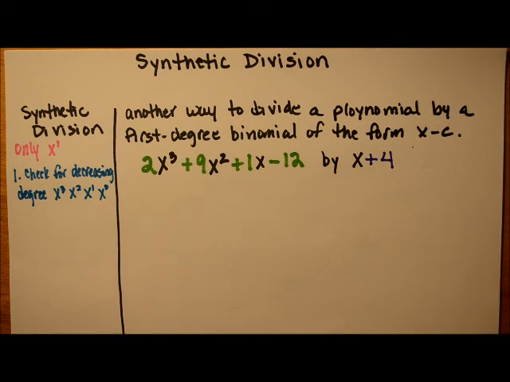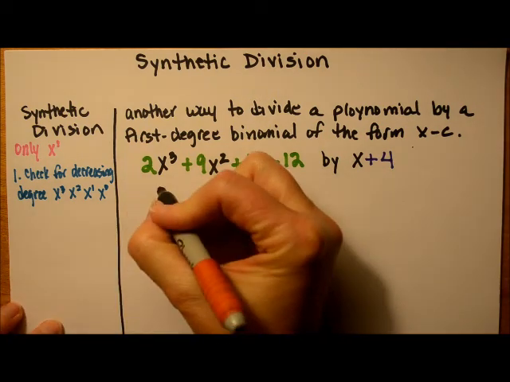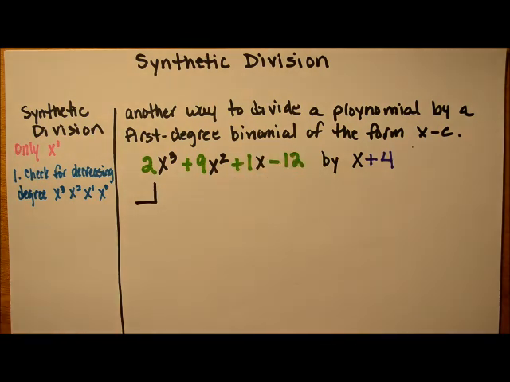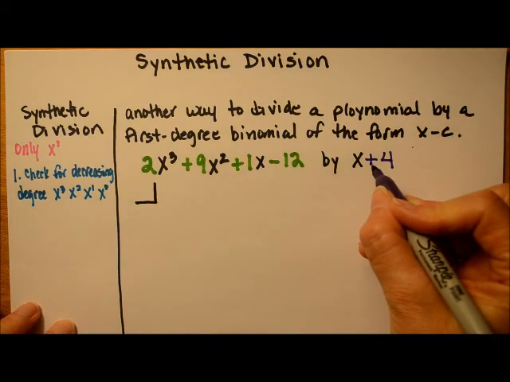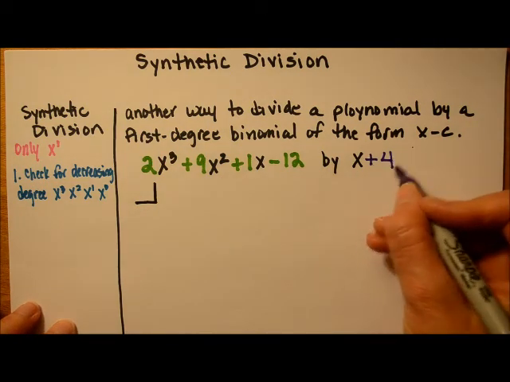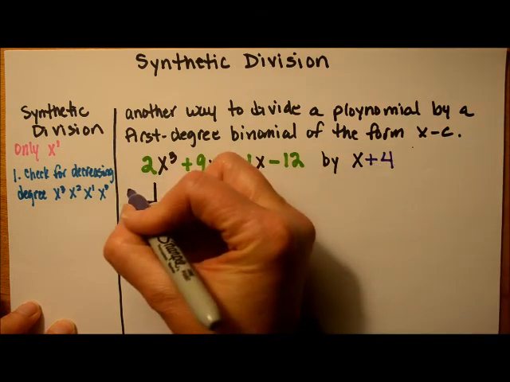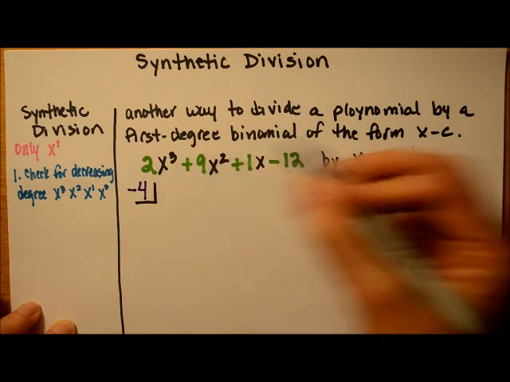All right, the next very strange thing that you're going to do is there is going to be a number in a box. It's like magic, really. Here's my box, and I'm going to put a number in it. The number that I'm going to put in it is the opposite of this number here in purple. So if I have a plus 4, what I'm going to put in there is a minus 4. Now I'll show you why it's opposite.